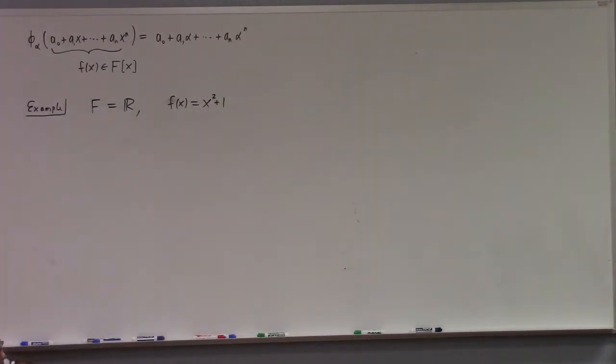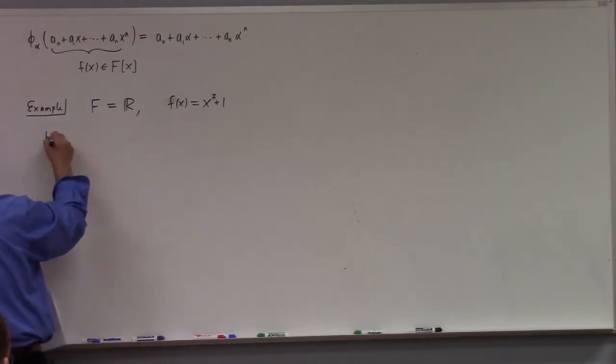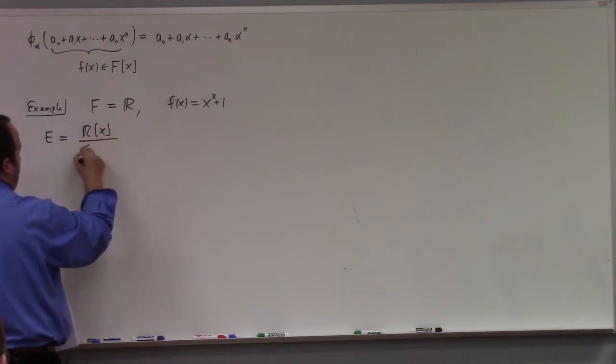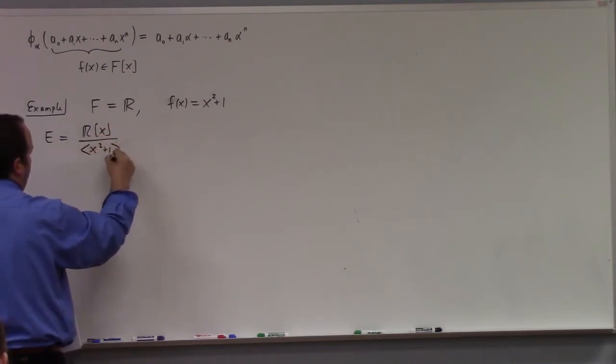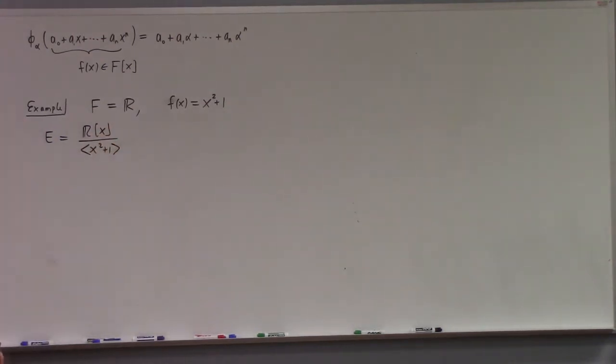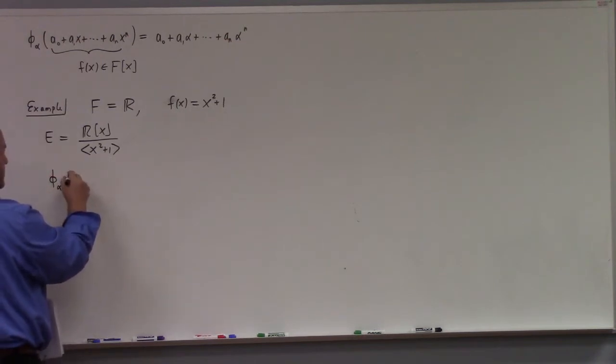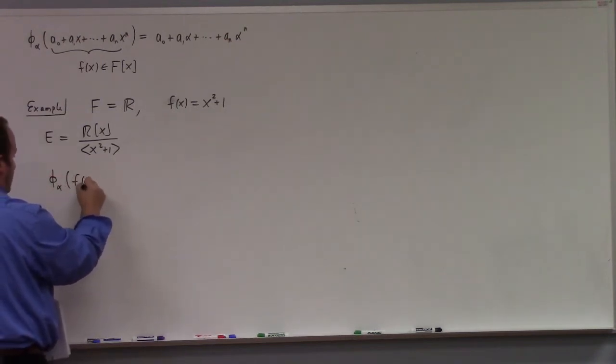In this case, the polynomial is already irreducible over the reals. So if I look at E equal to R of x mod x squared plus 1, and then look at phi alpha of f of x, what do I get?